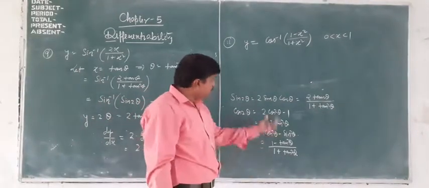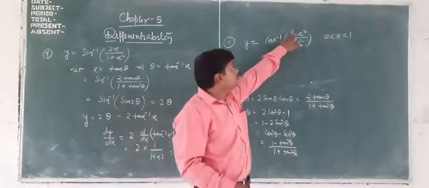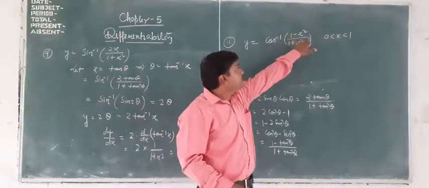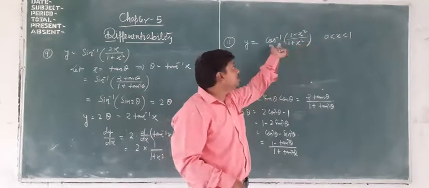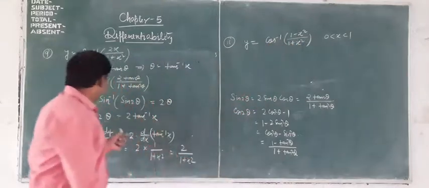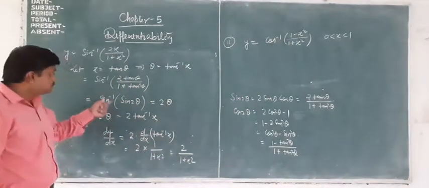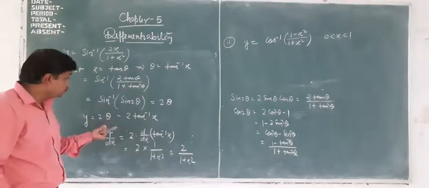You can observe that here cos inverse is given, so we have to reduce this result in terms of cos. Then we can easily remove cos and cos inverse from that result, just as when sin inverse is given, we make a result of sin inverse sin, which reduces to 2 theta.